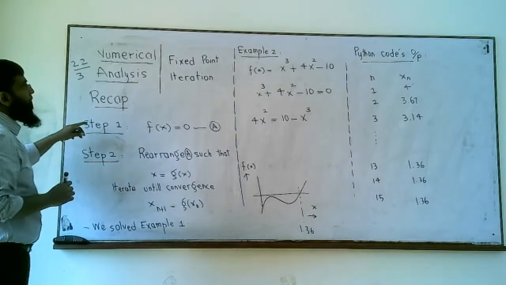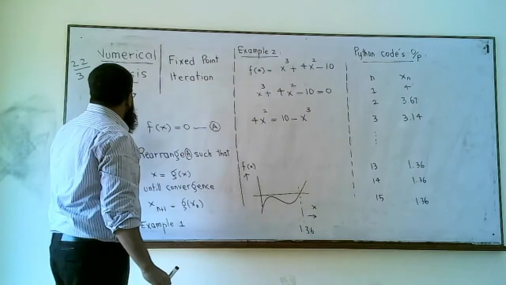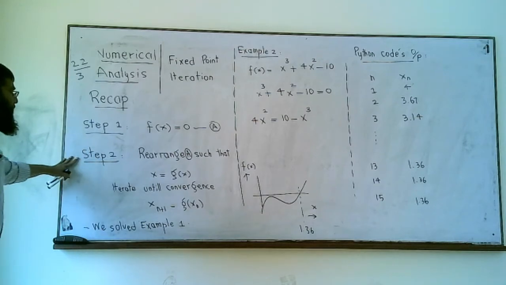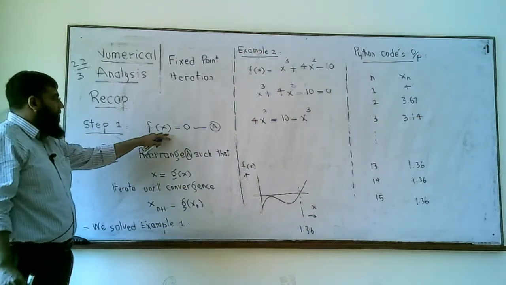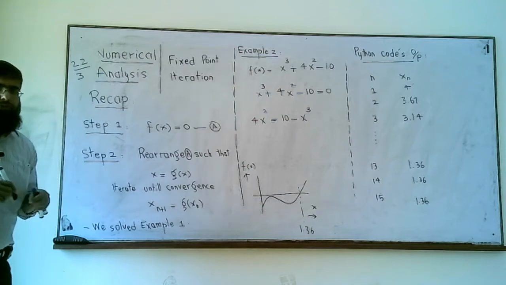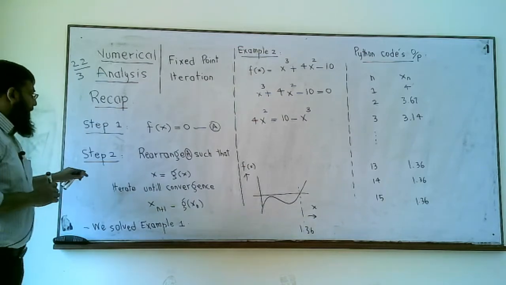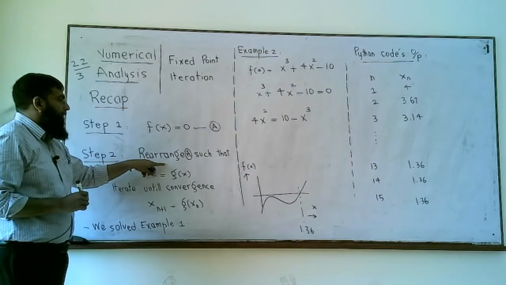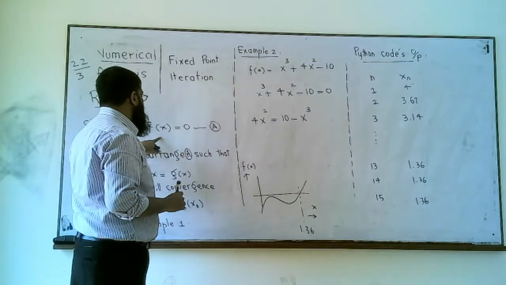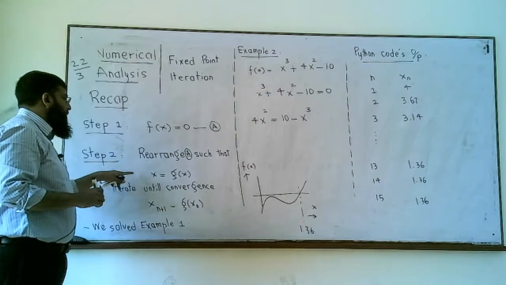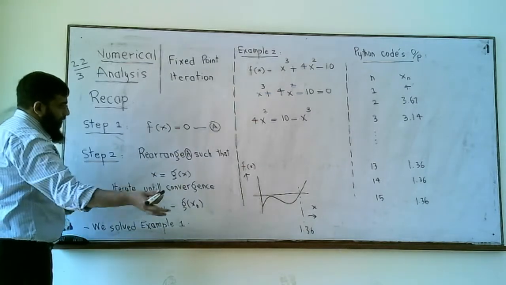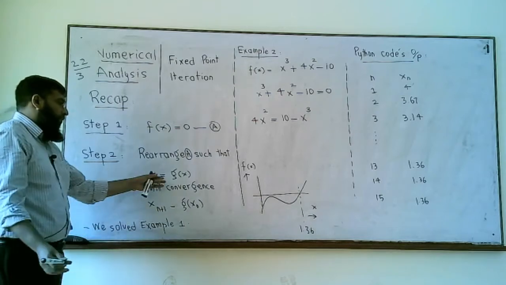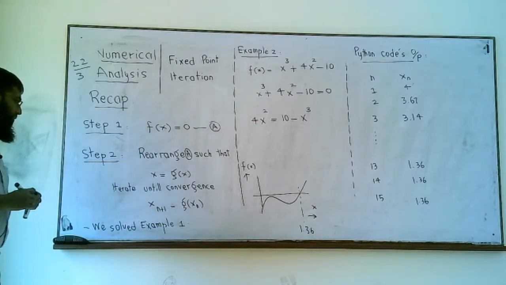So before we solve example number 2, let's go through step number 1 and step number 2 once again. Given this f of x, we put f of x equal to 0 because we need to find the root. Then we rearrange terms such that we take x on the left hand side and everything else on the right hand side, and the thing on the right hand side we call another function, g of x.